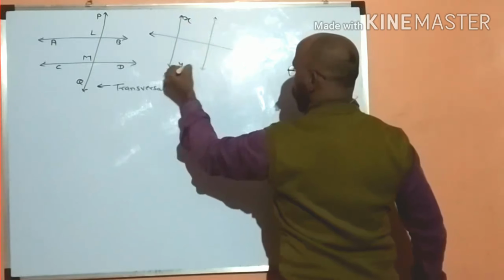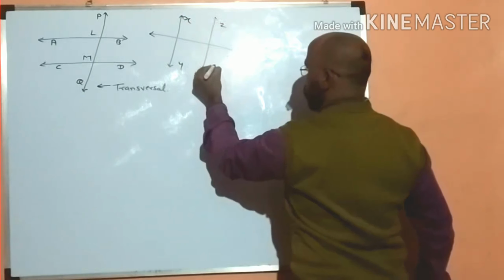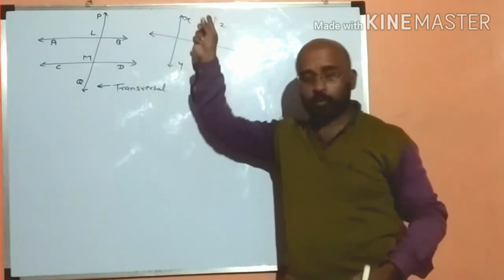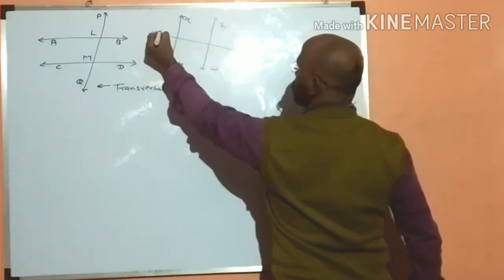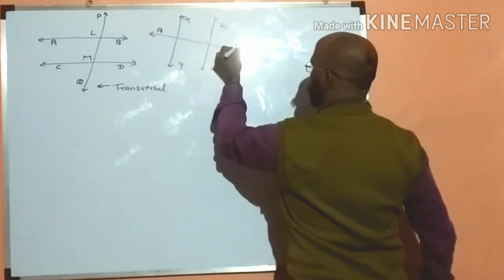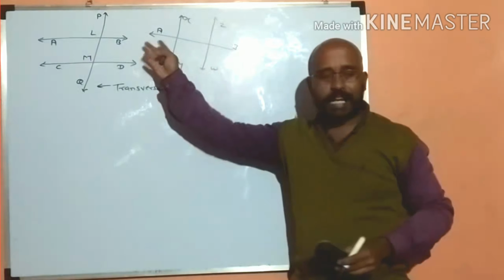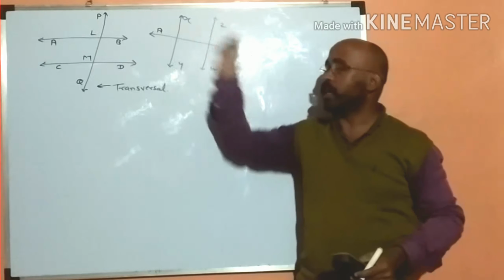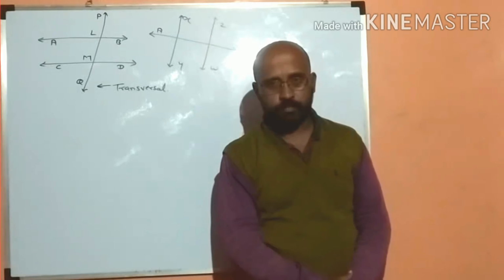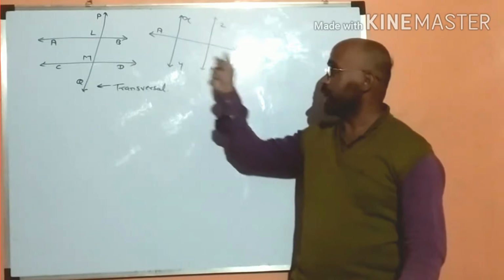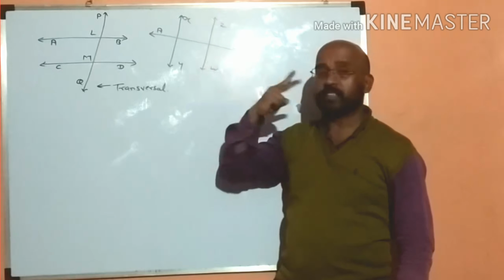X, Y, Z, W. These are two lines, XY and ZW. Suppose one line AB. So in this case there are three lines, XY, ZW and AB. Among these three lines, which line is the transversal? I hope your answer is line AB, because line AB is intersecting two lines.